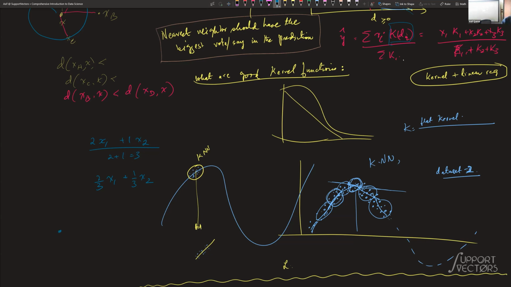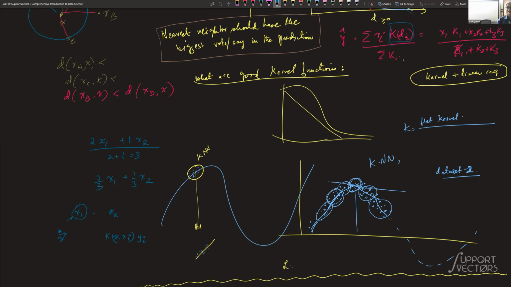Given a point, x vector, let's say that around it are the points x1 all the way to xk. Now at each of these points, you have yi. Suppose you're trying to find the y value. So what will you do? You say that x1 is saying that the y should be y1, because that's the value there.